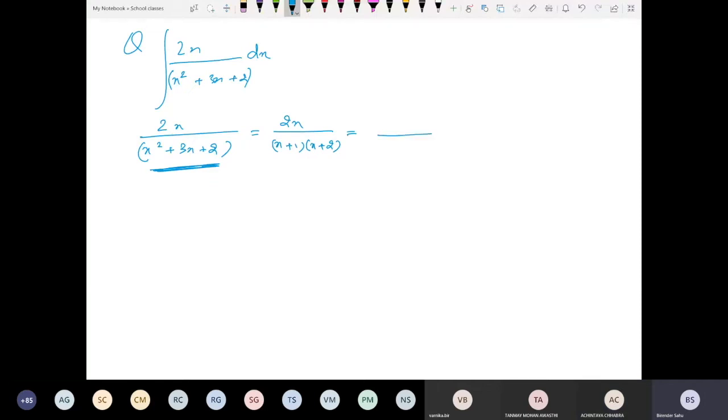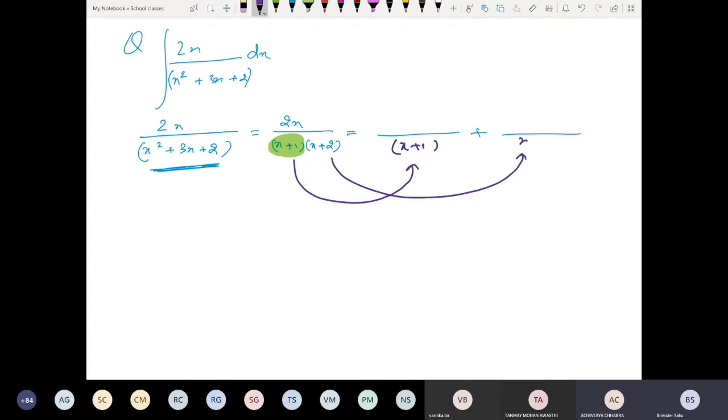Now what to do? Achintya will tell me, beta, how to write here? No, beta, see, here we have linear factors. First linear factor is x plus 1, second linear factor is x plus 2. So A upon x plus 1, B upon x plus 2.